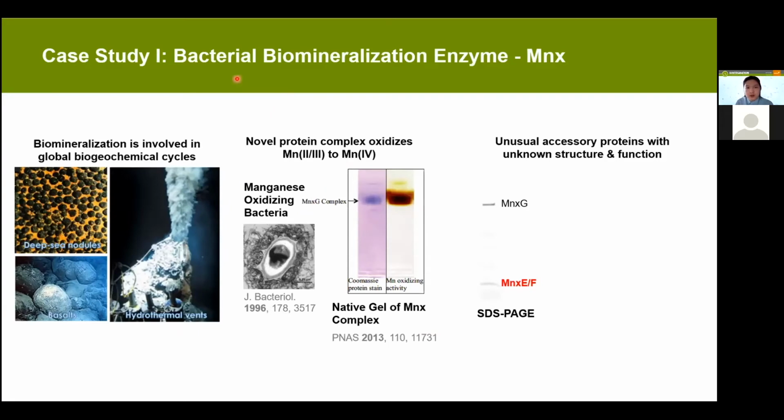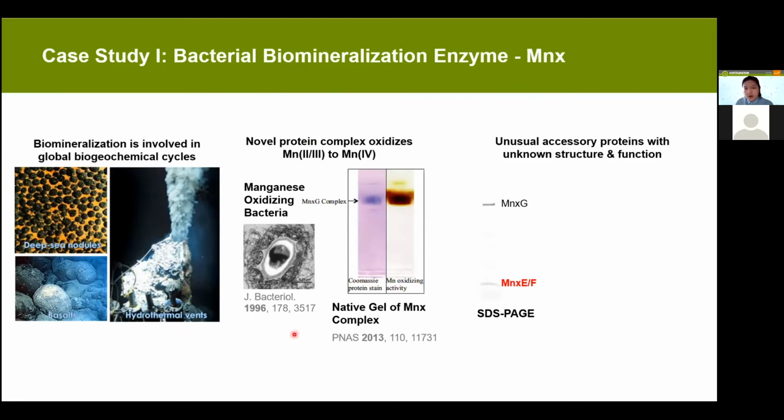So the first one is a bacterial biomineralization enzyme, which we call MINX. Biomineralization is actually a very important process in global biogeochemistry. You'll find a lot of minerals in the environment that are mediated by microbes or some other biological processes.